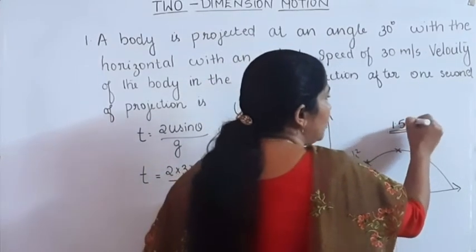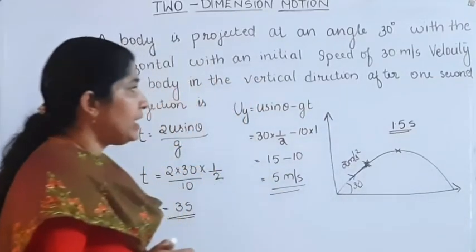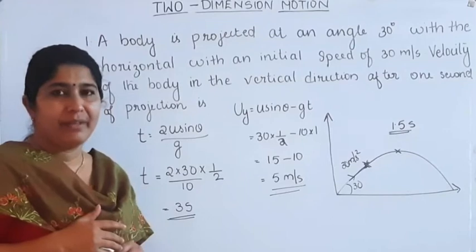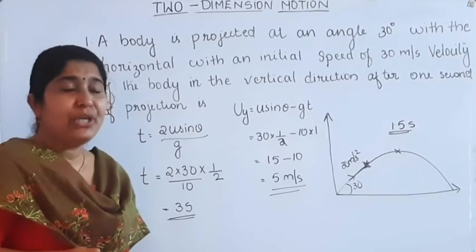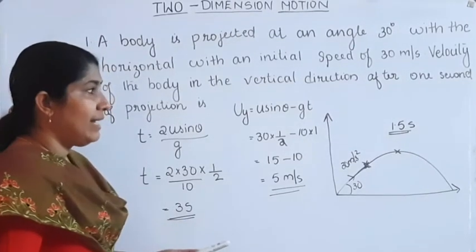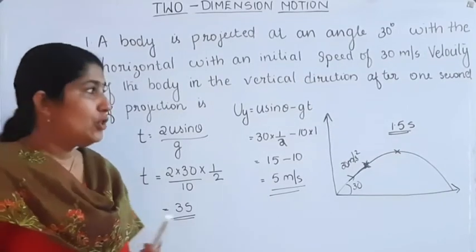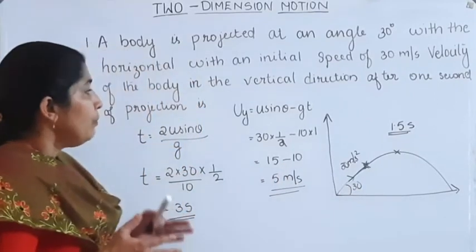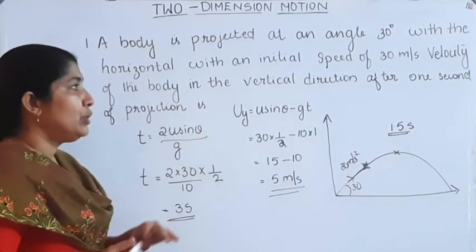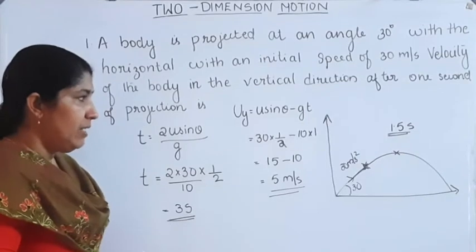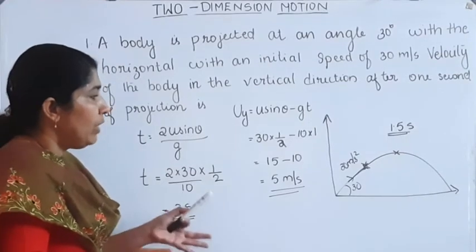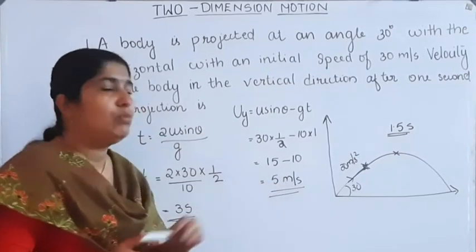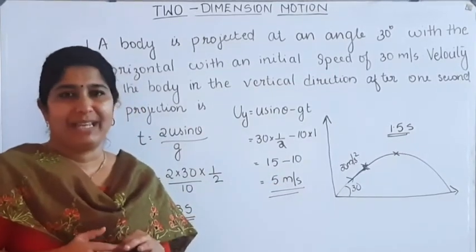Then the position of the object after 1 second is somewhere here. By using the formula uy is equal to u sin theta minus gt, we can find the vertical velocity at that position, which is equal to 5 meter per second.